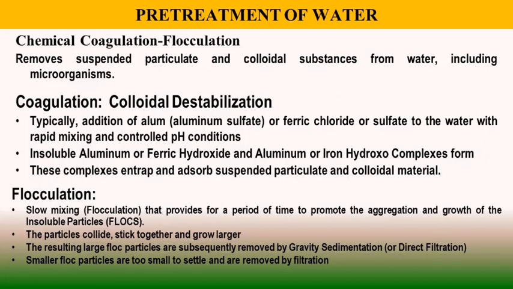Flocculation is a process of agglomeration of neutralized particles into larger and heavier flocs that leads to settling down, followed by sedimentation. The chemicals applied are known as flocculants.